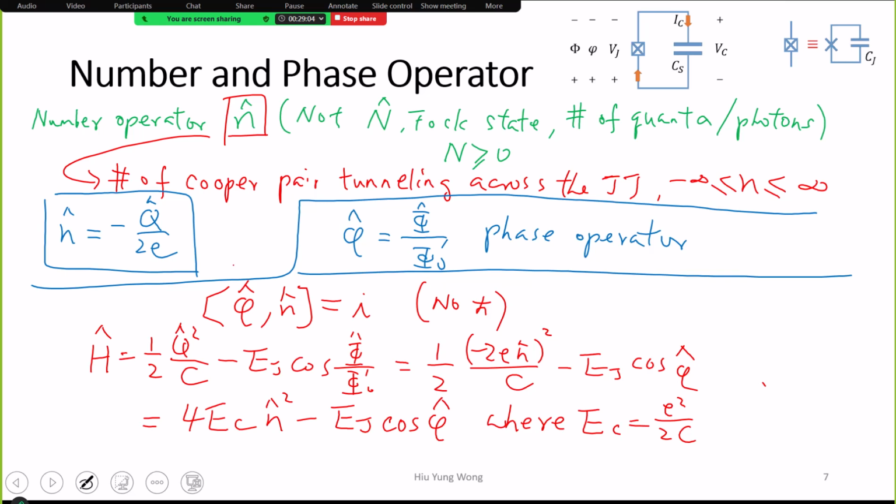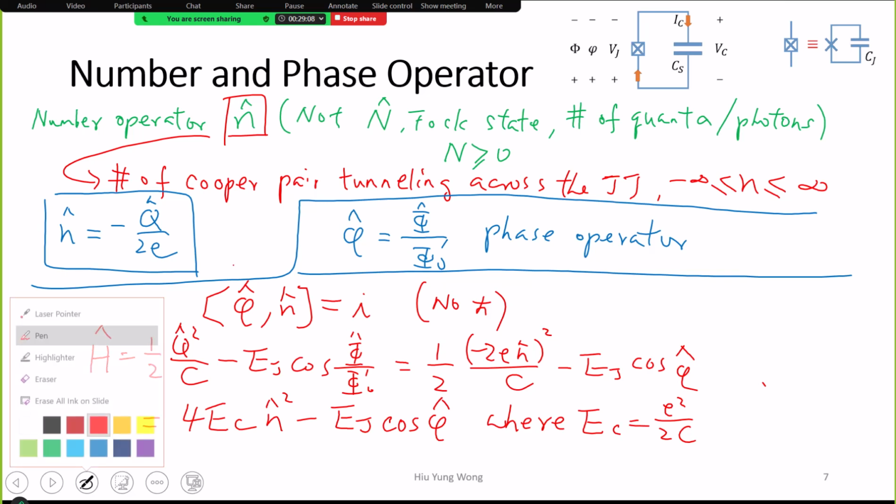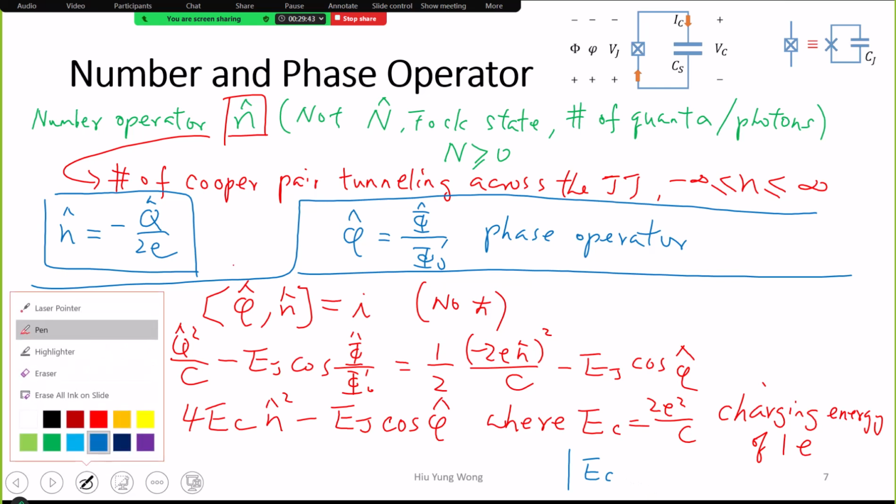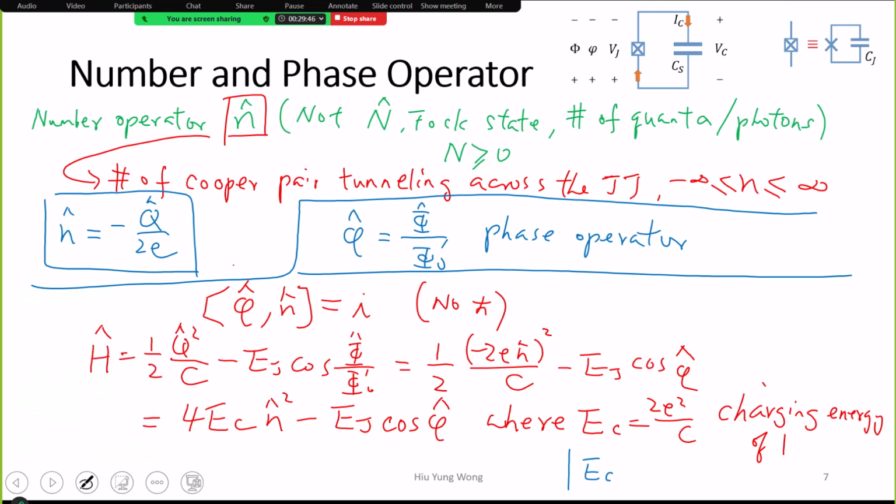What's the meaning of e squared divided by 2C? No, I said the wrong thing, I'm sorry. 2e squared divided by C. This is the charging energy of one Cooper pair.